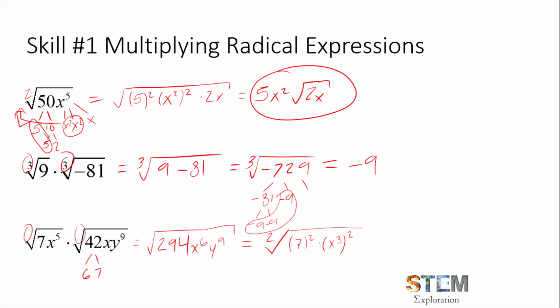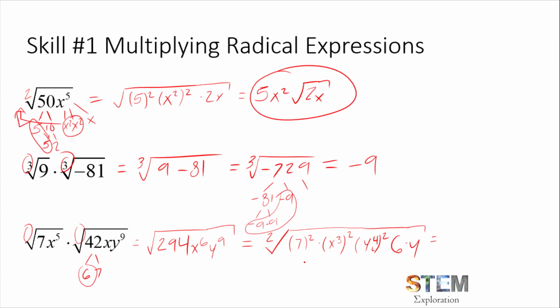There's 4 pairs of y's. So we can say y to the 4th squared. But there is 1 extra 6, and there is 1 extra y. So we'll include all those as well.